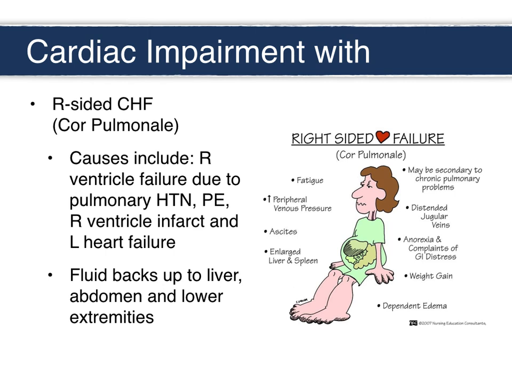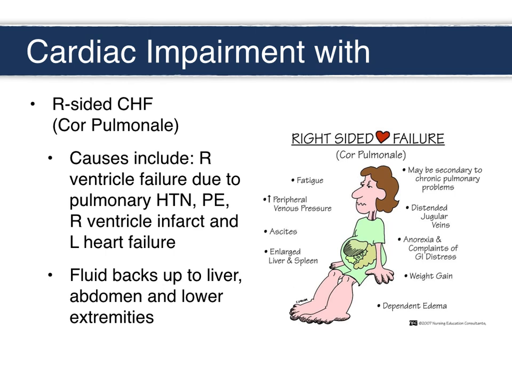One of the signs that is very indicative of heart failure is distended jugular veins. Jugular venous distension. So if the patient is laying on their side, they kind of turn their head to the side, to the left, you can actually see the right jugular vein.